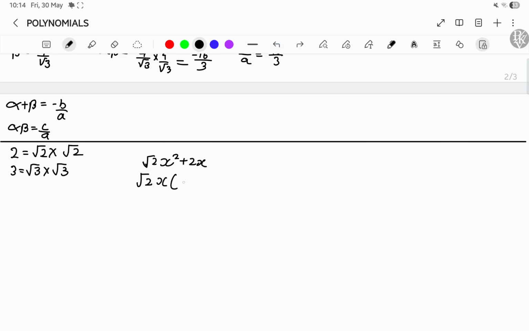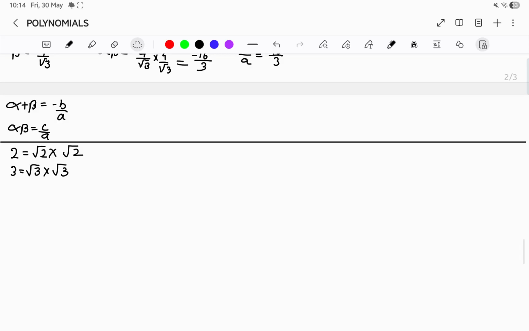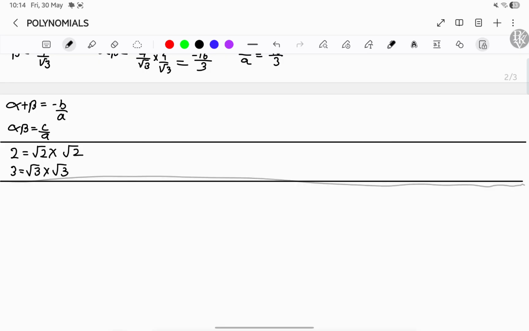This will be simply x and this will be root 2. It's that simple to solve. So please just analyze all the problems that I did, and then you will understand how to solve if such questions are asked.